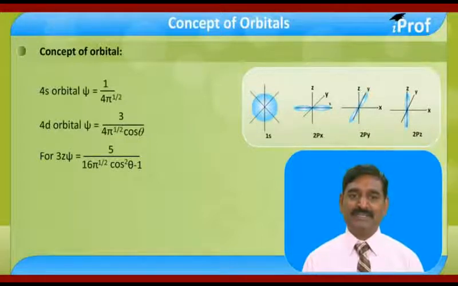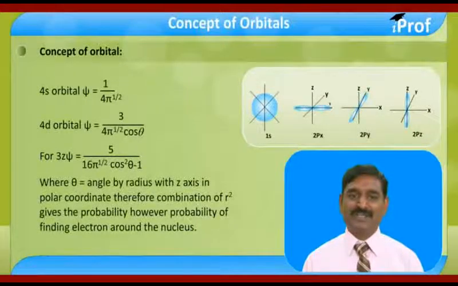For dz square, psi is 5 upon 16 pi power 1 by 2 (3 cos square theta minus 1), where theta is the angle made by the radius with the z-axis in polar coordinates. Therefore, the combination of R square, theta square, psi square gives the overall probability of finding an electron around the nucleus.